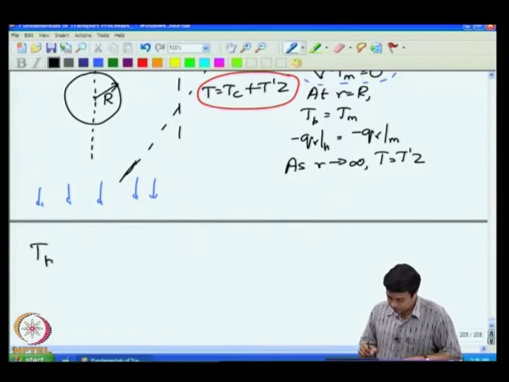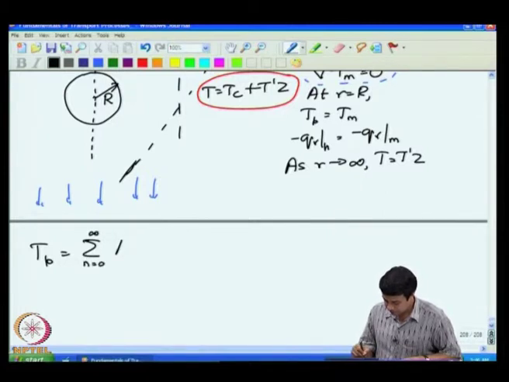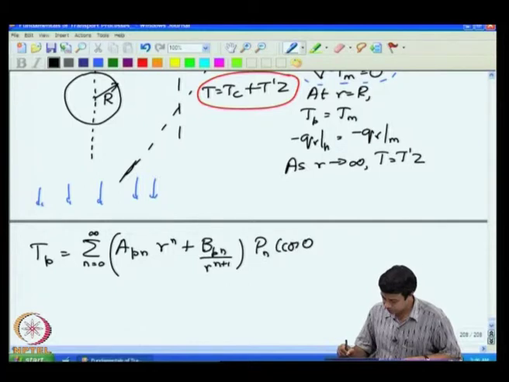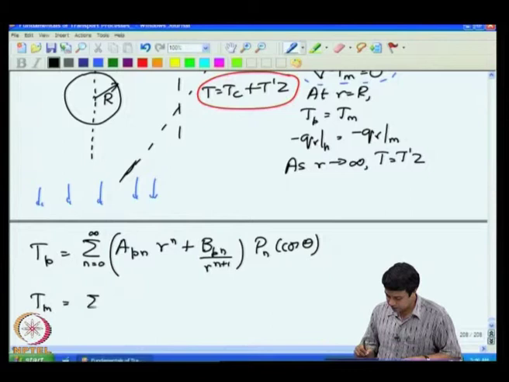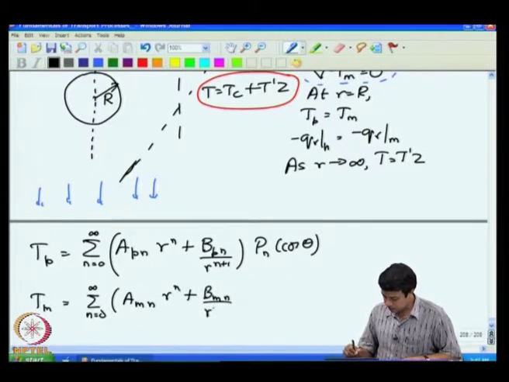For the particle, I will have solutions for m is equal to 0, and n goes from 0 to infinity of a particle n r power n plus b particle n by r power n plus 1 P n of cos theta, and T matrix is equal to the summation of a matrix n r power n plus b matrix n by r power n plus 1 P n of cos theta.